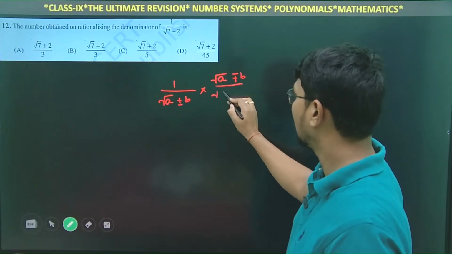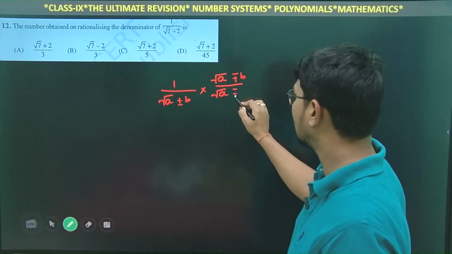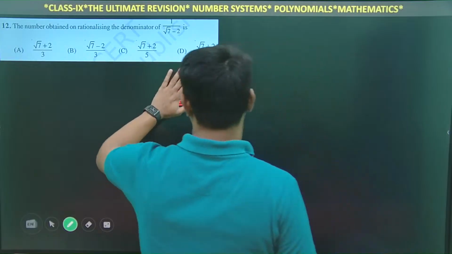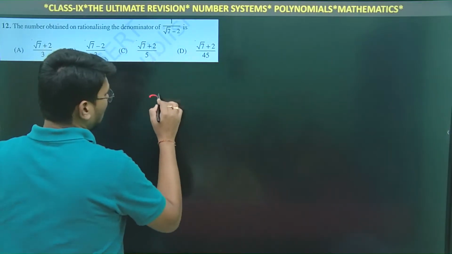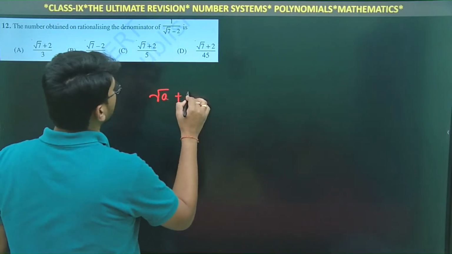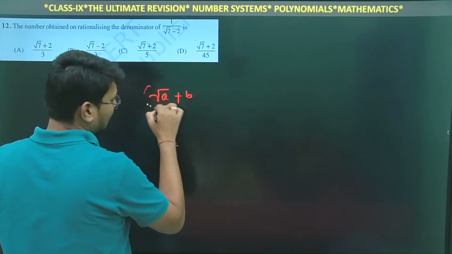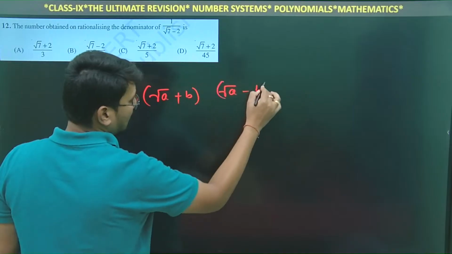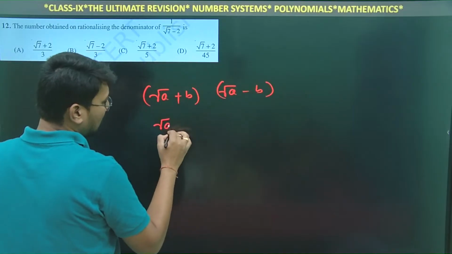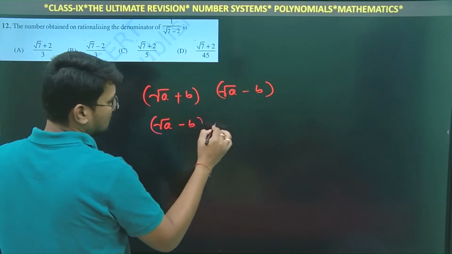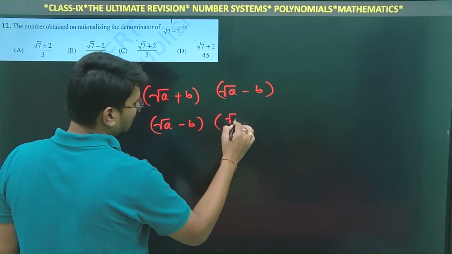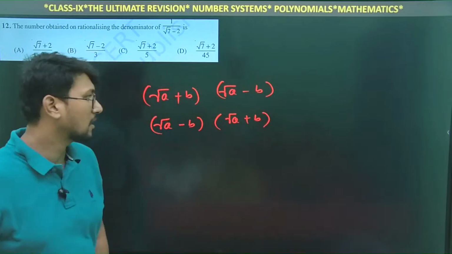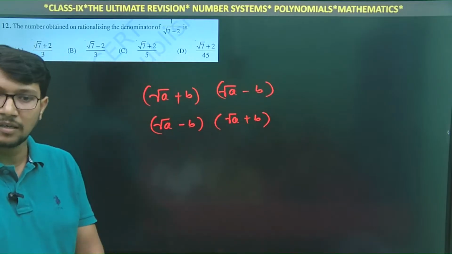What is the rationalizing factor of root a plus b? Root a minus b. Similarly, root a minus b's rationalizing factor is root a plus b. Got it? Is that clear?